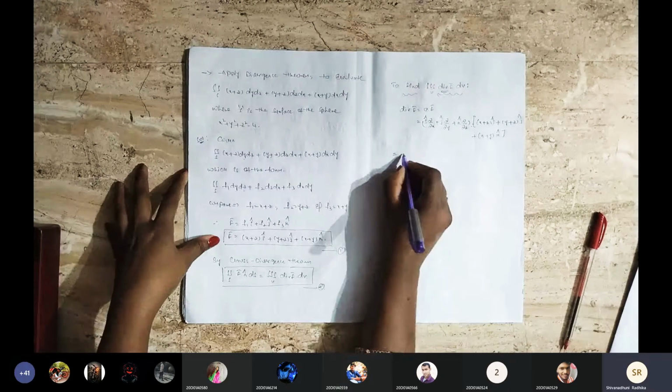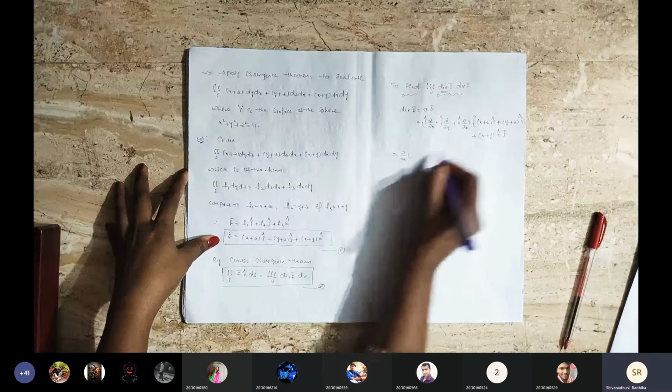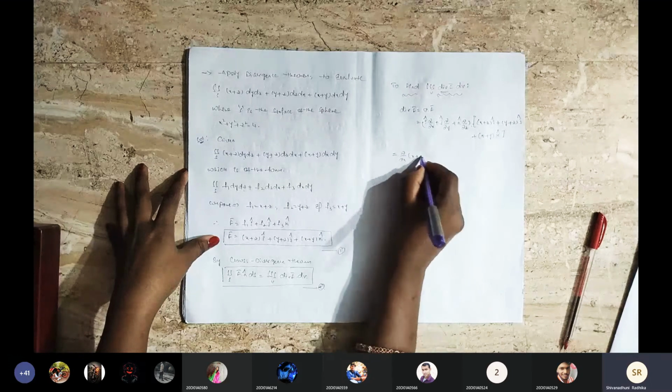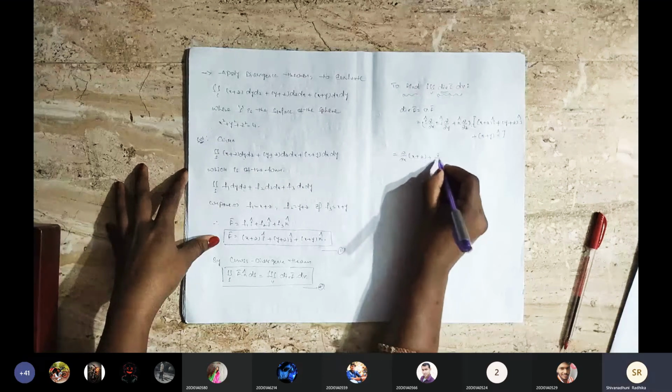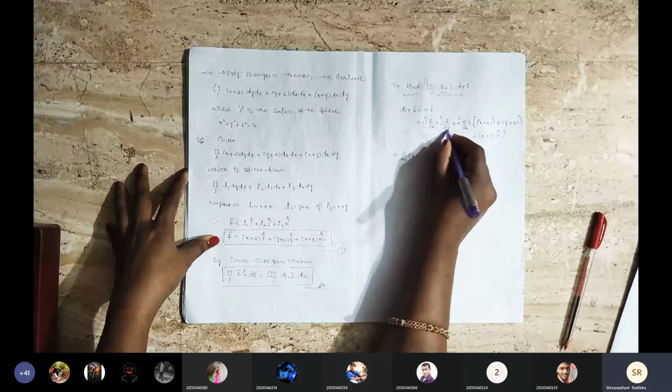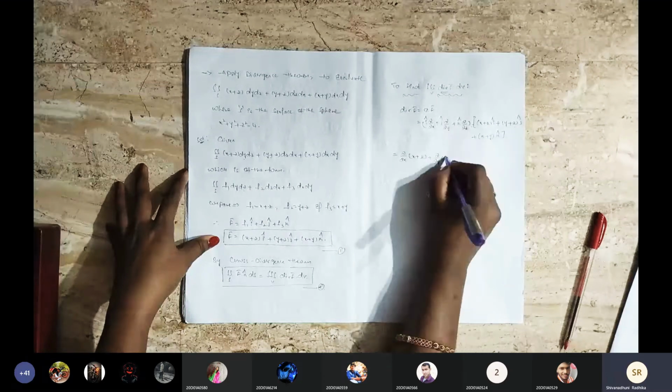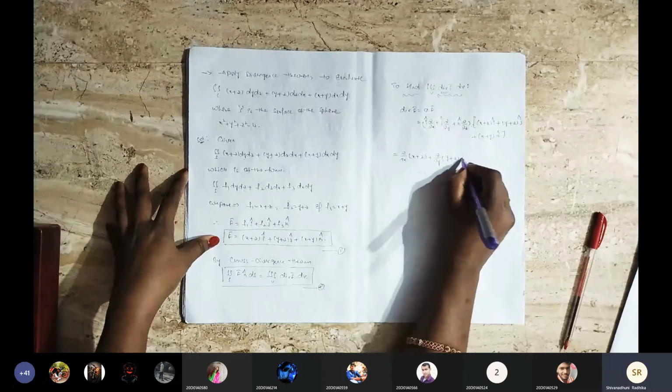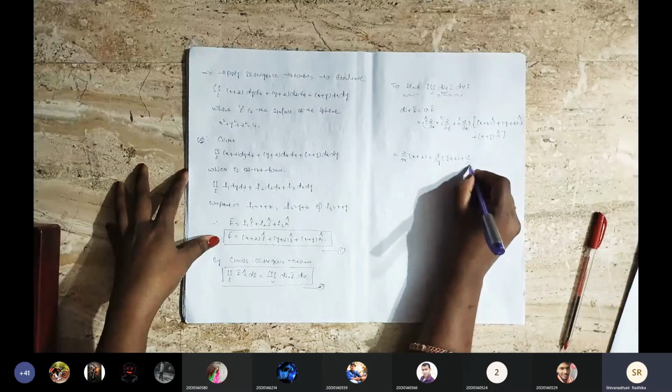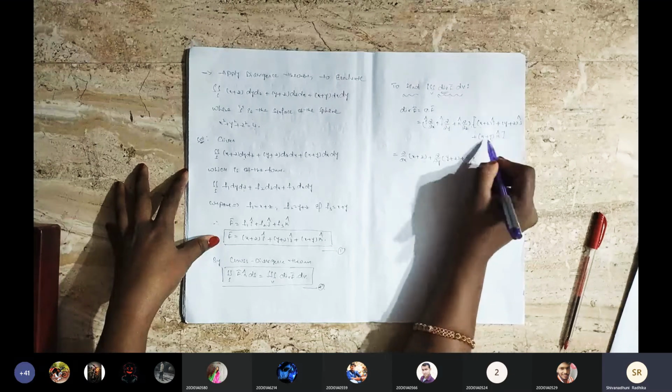See here, dou by dou x of (x plus z) plus dou by dou y of (y plus z), since j cap dot j cap is 1, plus dou by dou z of (x plus y), since k cap dot k cap is 1.